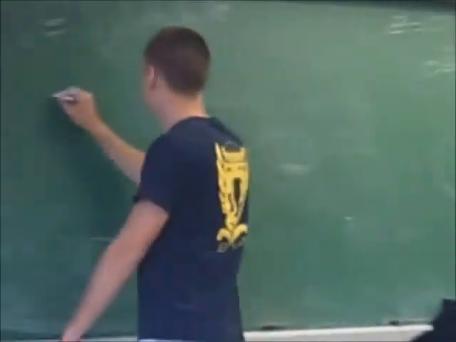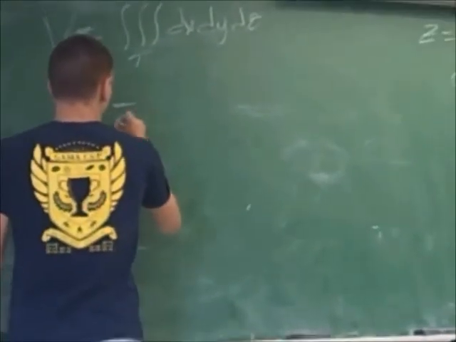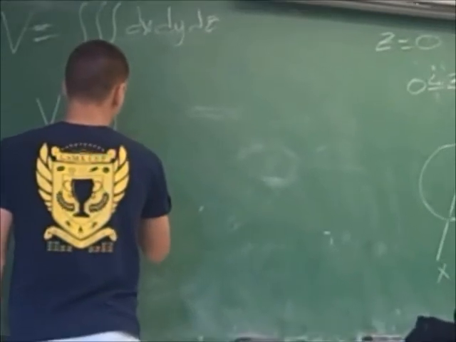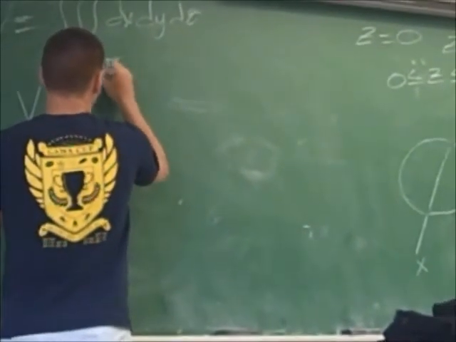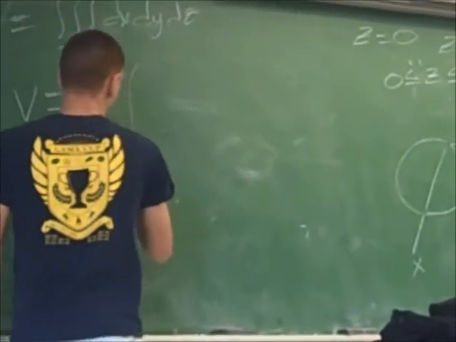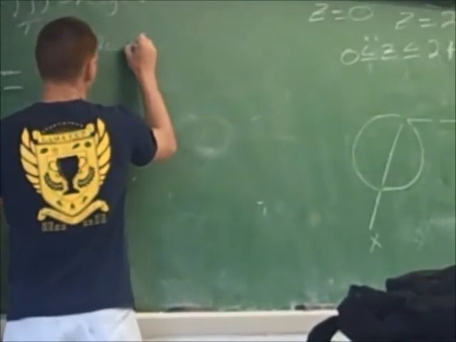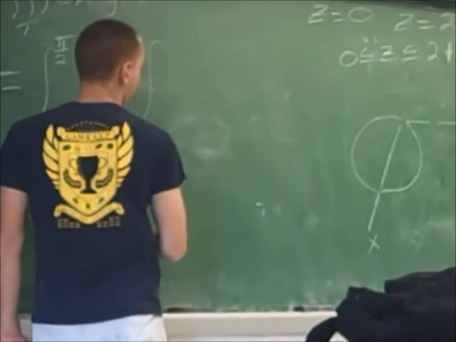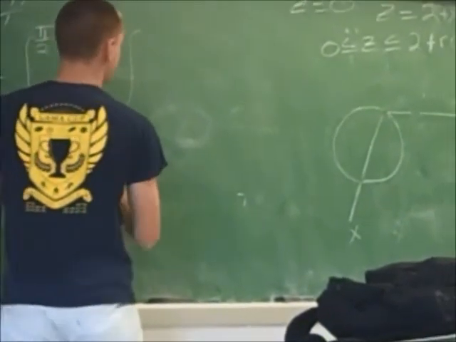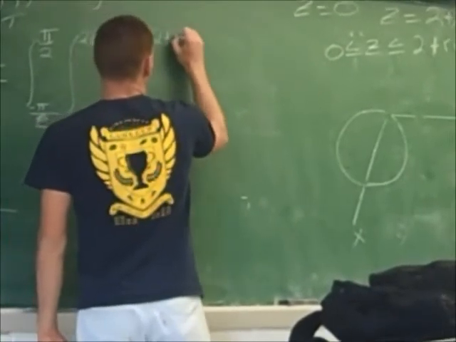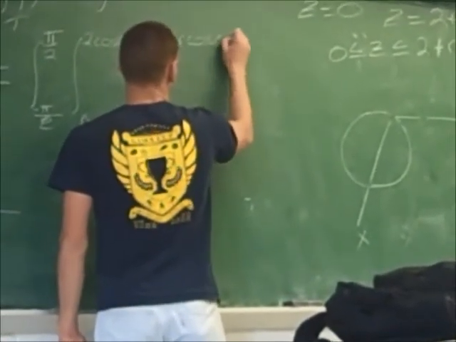So our volume is going to be equal to the integral from negative pi halves to pi halves in theta, r from 0 to 2 cosine theta, and z equals 0 to z equals 2 plus r cosine theta.